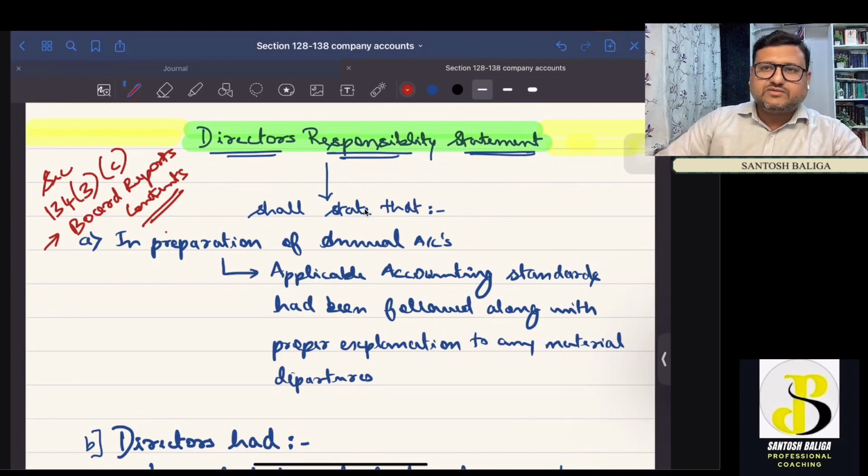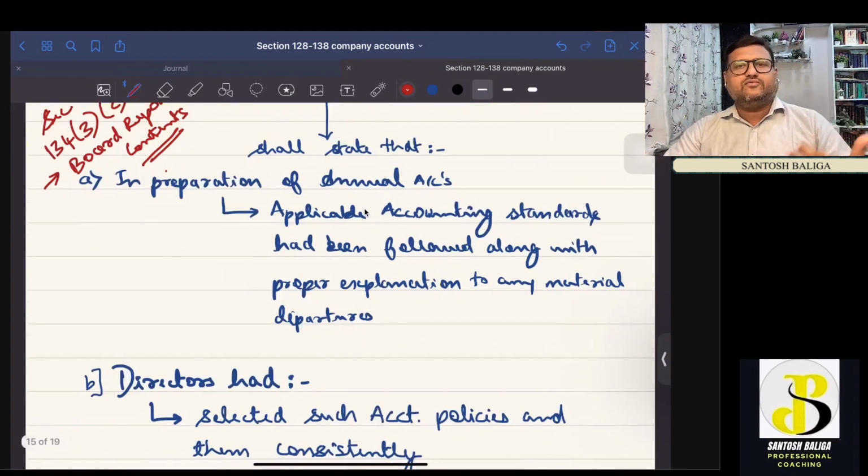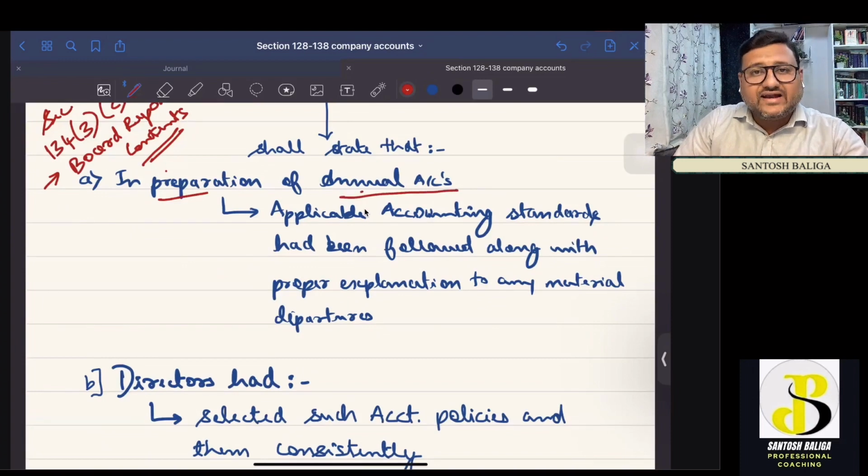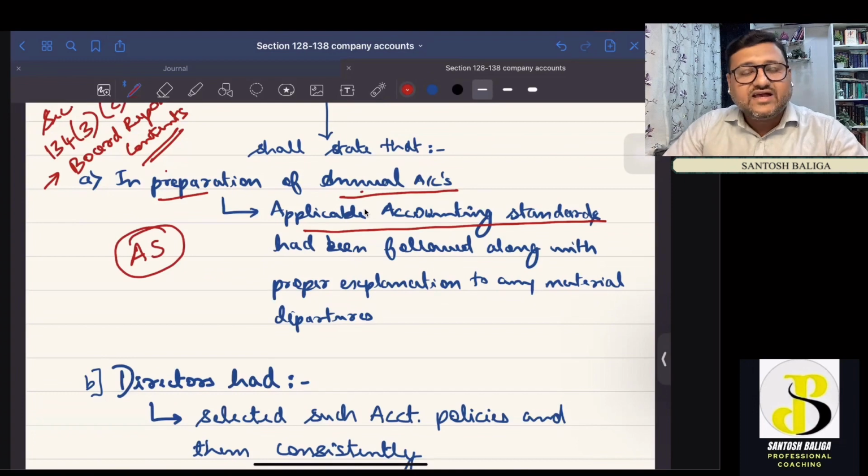So let us understand what is the content of the director's responsibility statement. It shall state that, see, this is all given by the directors to the shareholders, where they are taking responsibility. Like, first of all, in preparation of the annual accounts, applicable accounting standards had been followed, along with proper explanation of any material departures.